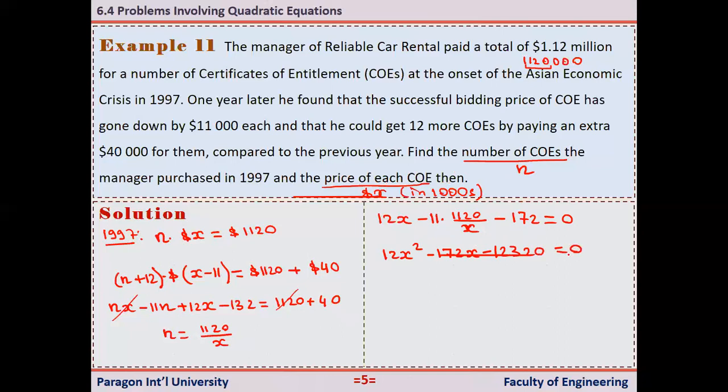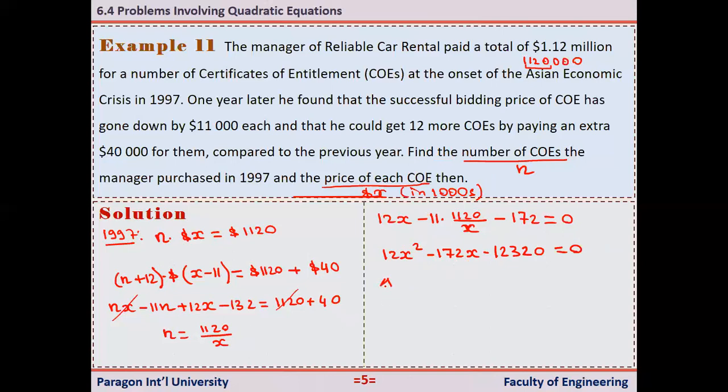And on the right-hand side, we have 0. Now, what is it? It is a quadratic equation, so we have to solve this. It's a very simple problem from business.